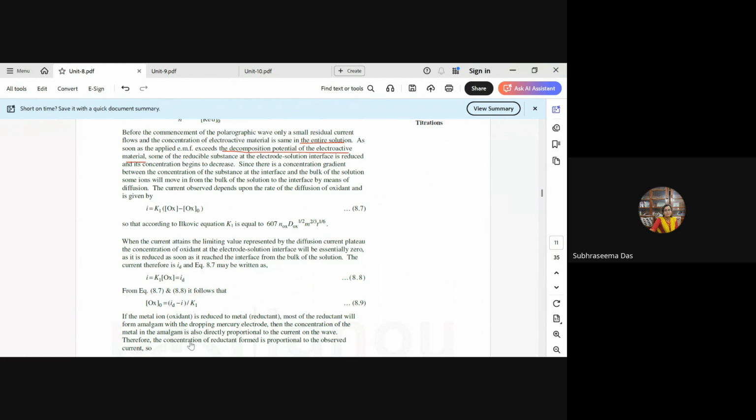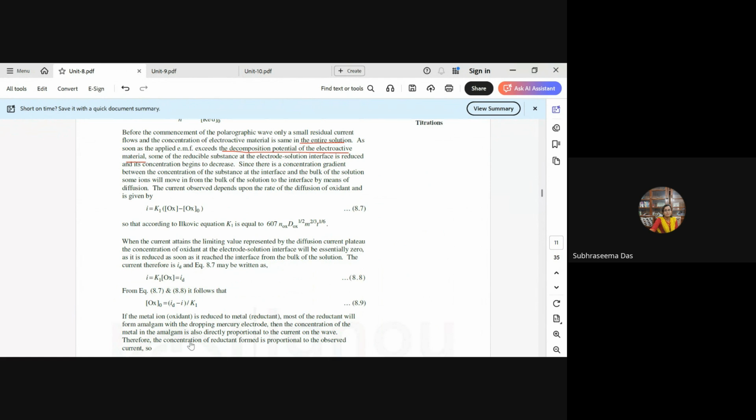Since a concentration gradient develops between the concentration of the substance at the interface and the bulk of the solution, the ions will start moving from higher concentration to lower concentration, that is from the bulk of the solution to the interface by diffusion.